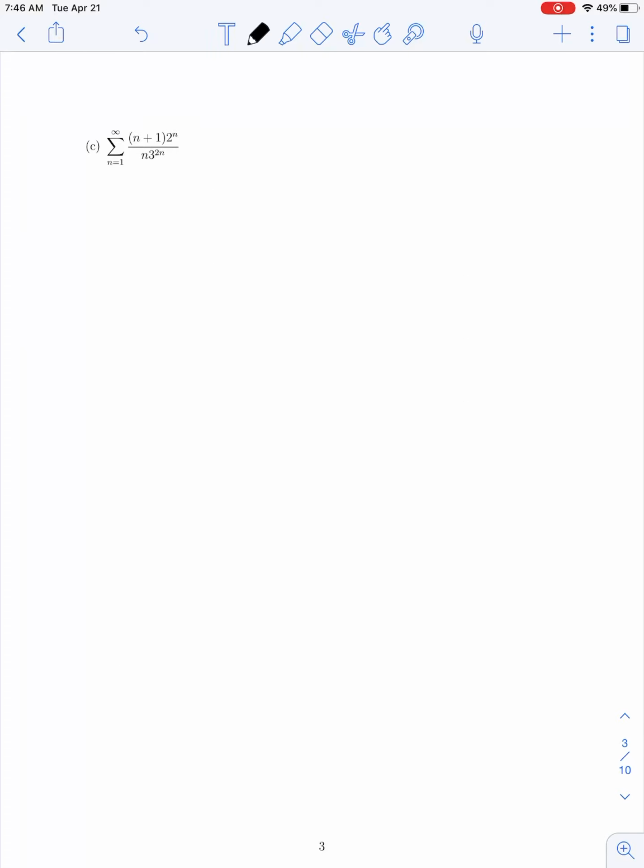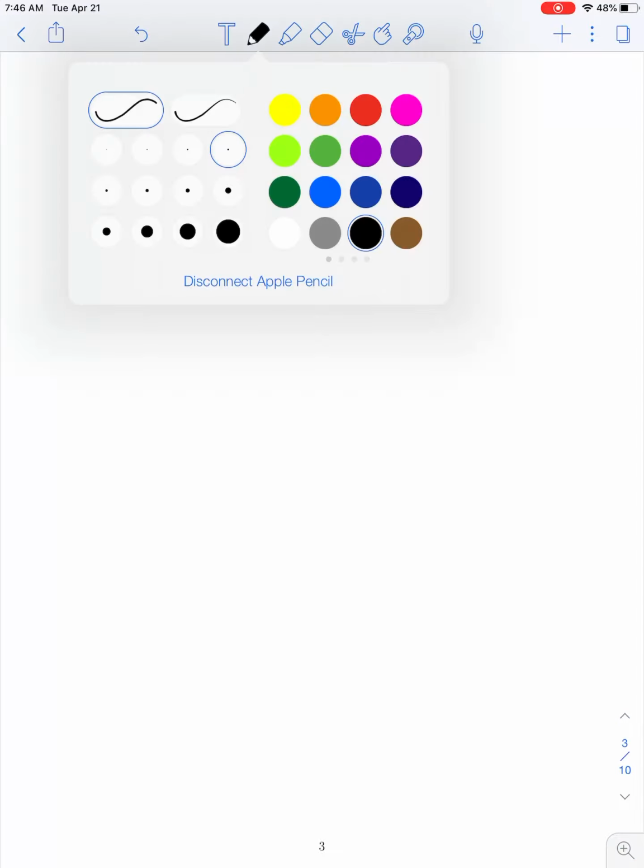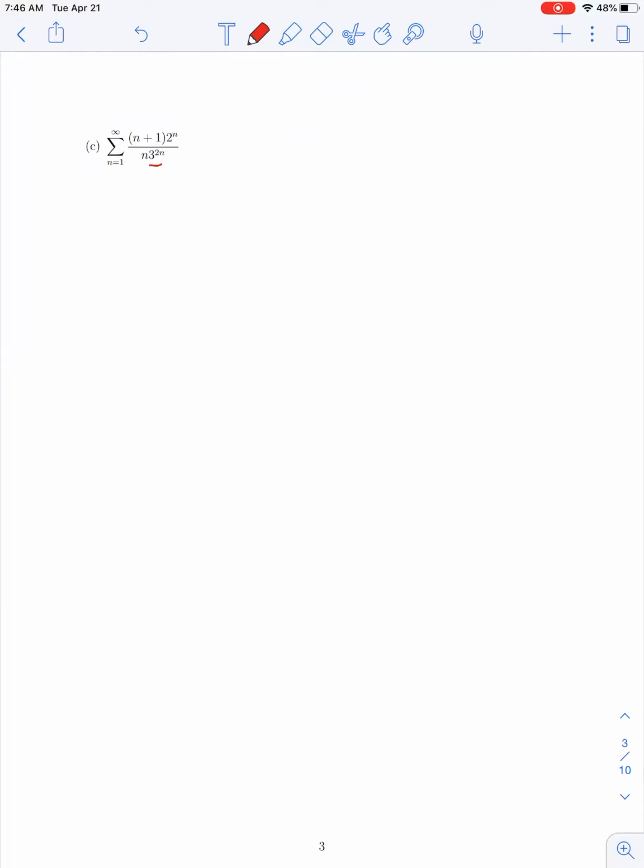In this next example, we have the sum from 1 to infinity of n plus 1 times 2 to the nth over n times 3 to the 2n power. So for simplicity's sake, here I might rewrite this 3 to the 2n power as 3 squared and then raised to the nth power.